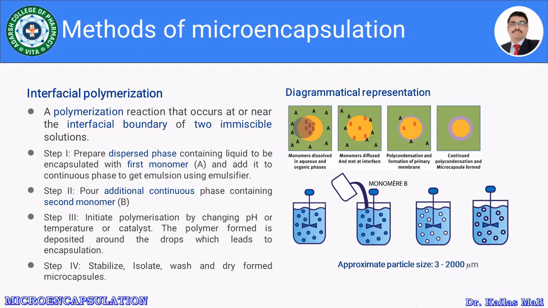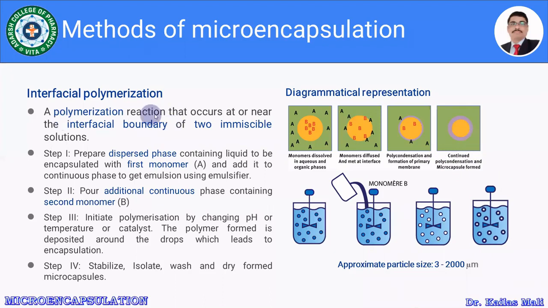A reacts with B, and polymerization occurs at the liquid-liquid interface, forming a continuous film at the interface. That is polycondensation and the formation of the primary membrane. As it continues, polycondensation proceeds and we get microcapsules. So this is about interfacial polymerization.